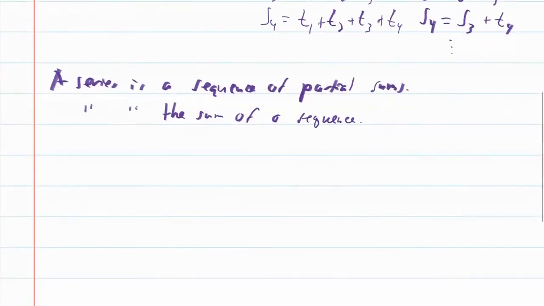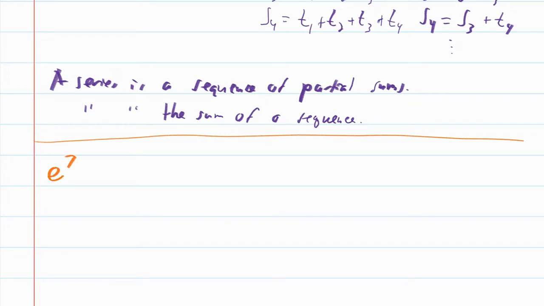So I'm going to try to give you some value behind why series can be important. And some of this isn't going to come into play for much later. For instance, from the last chapter, we had the exponential function e to the x. And it turns out that we can actually use series to approximate this.